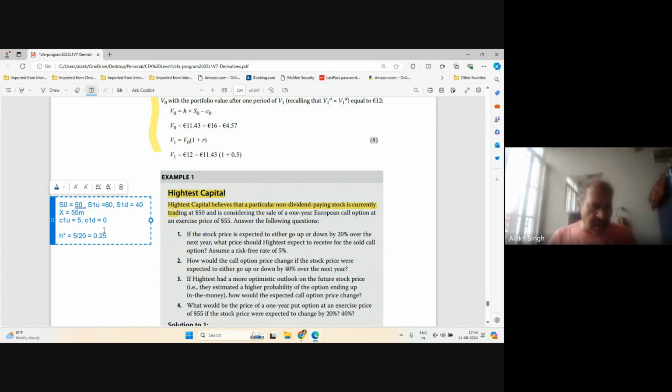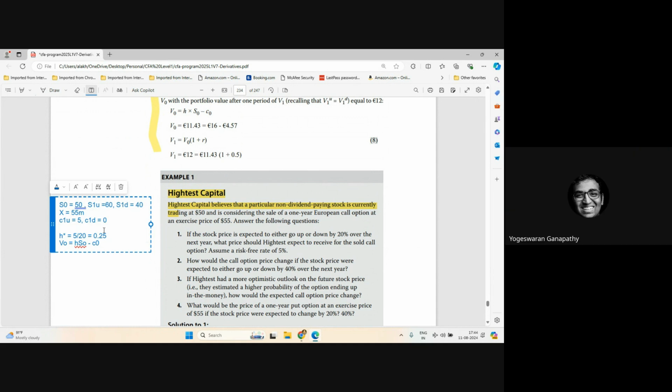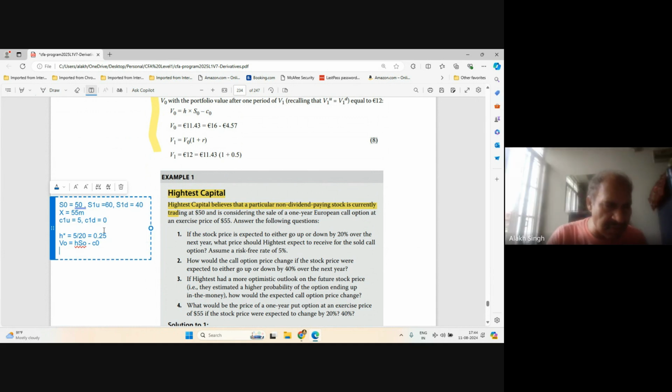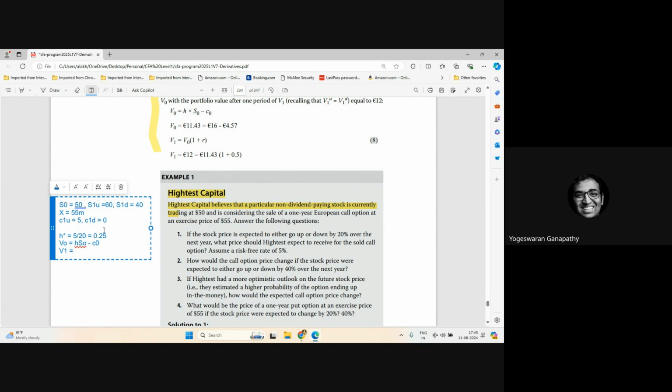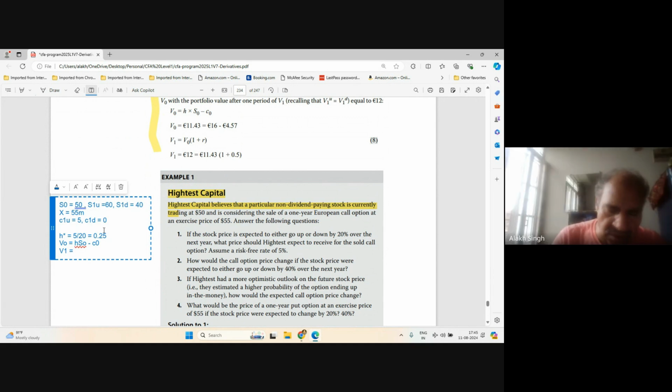Now, what is V0? V0 is equal to H S0 minus C0. So what will be V1? V1U, since U and D both will be equal.